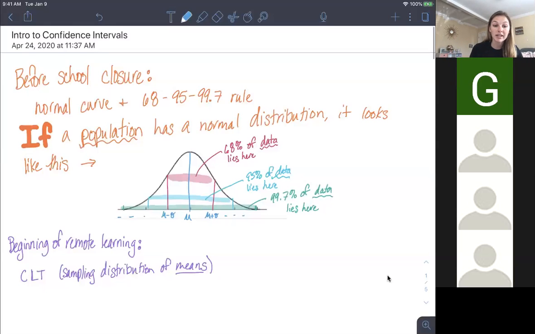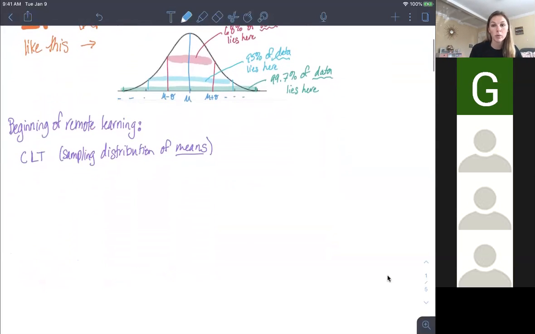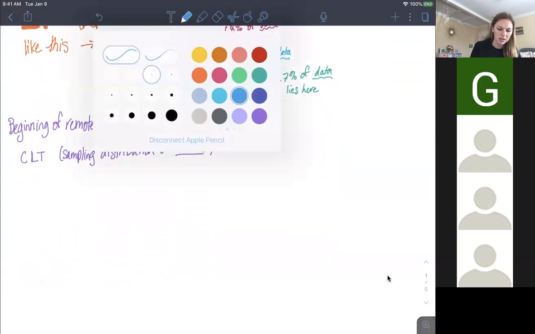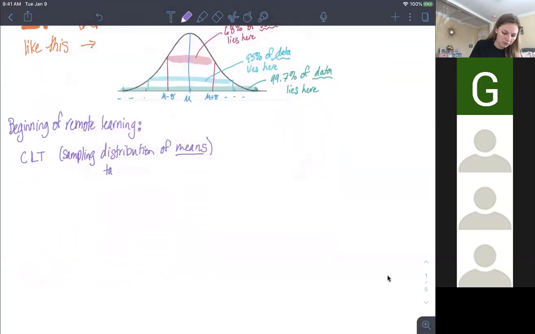Then right at the beginning of remote learning, we did that week where we had the simulation, and we said, okay, start with a normal population, do this idea of sampling distribution of means, which says take a bunch of samples and then average them. When we do that process over and over again, what we learned is that the sampling distribution of means turns out to be always normal.